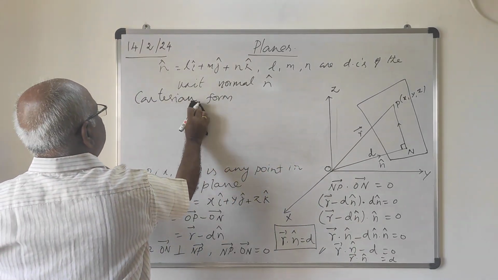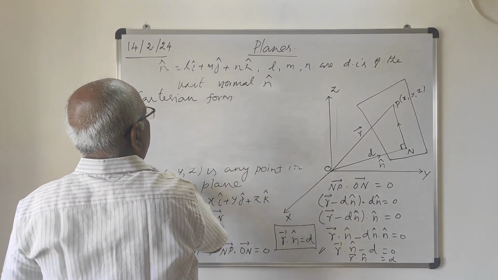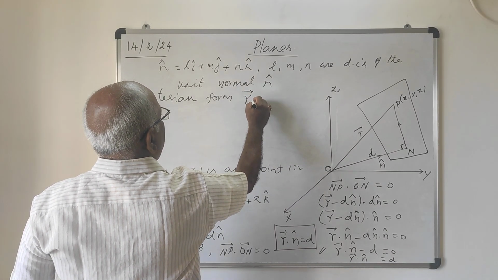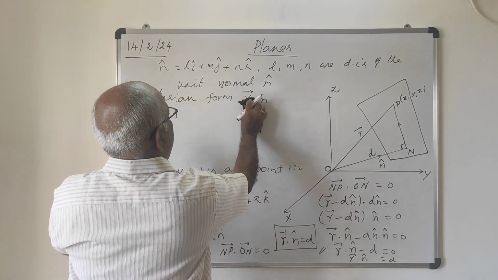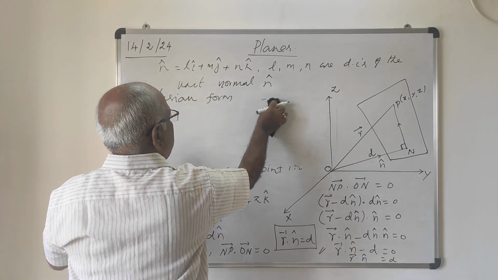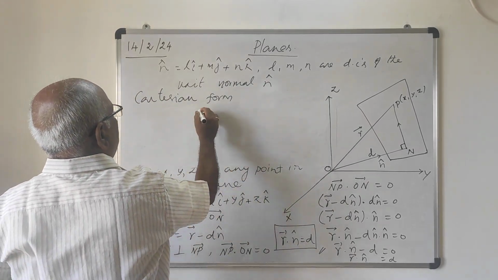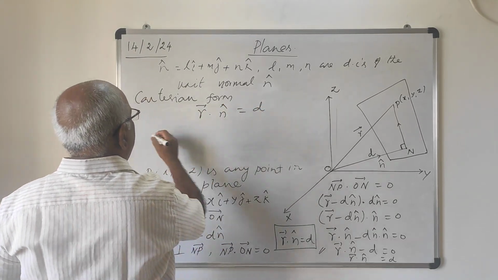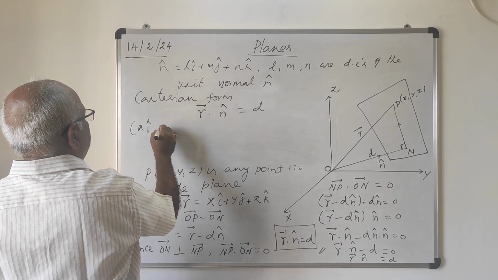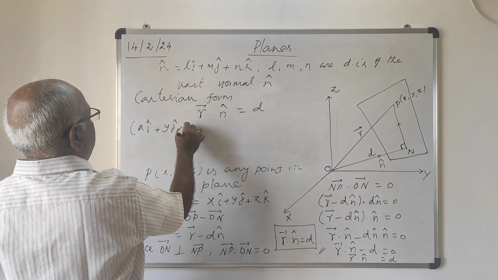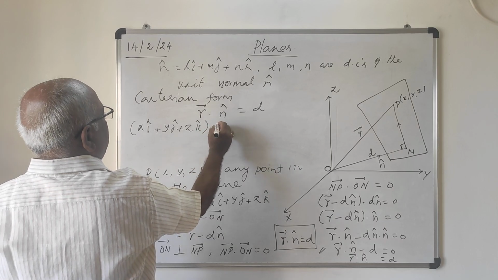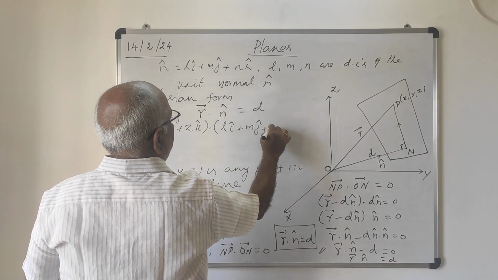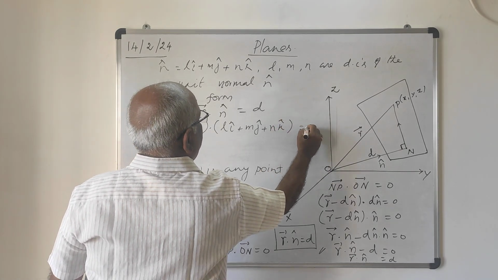To get the Cartesian form from the vector form, take xi plus yj plus zk dot li plus mj plus nk equal to d.